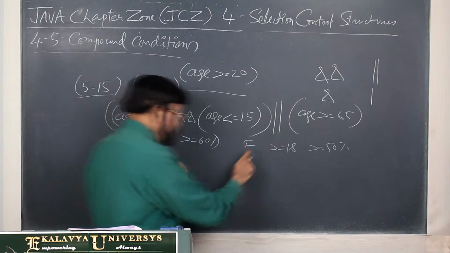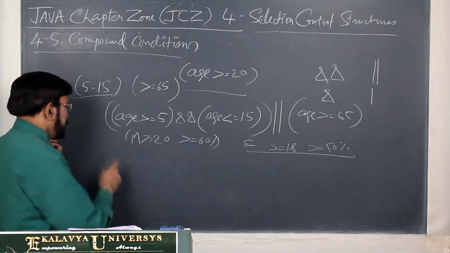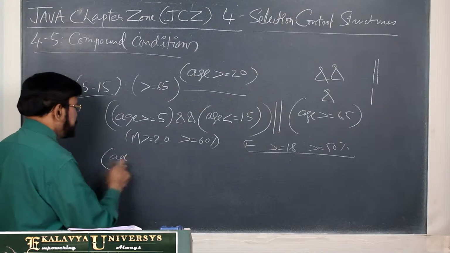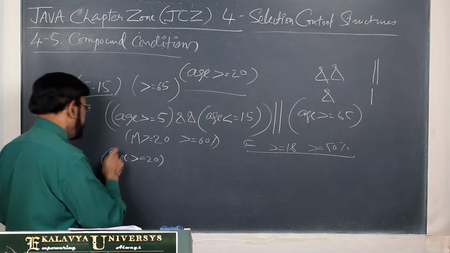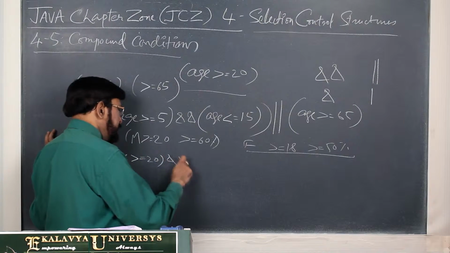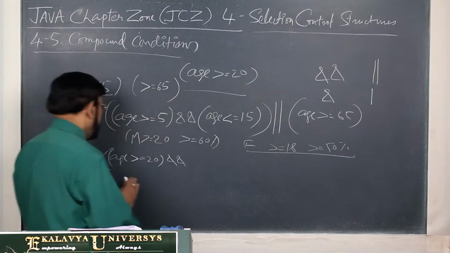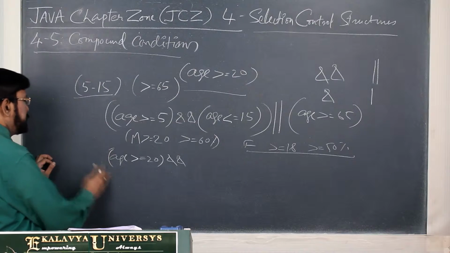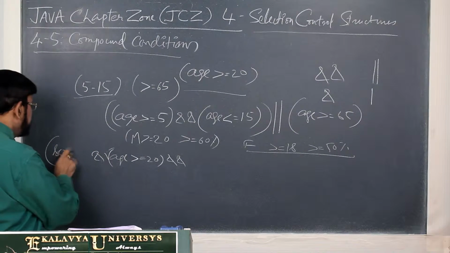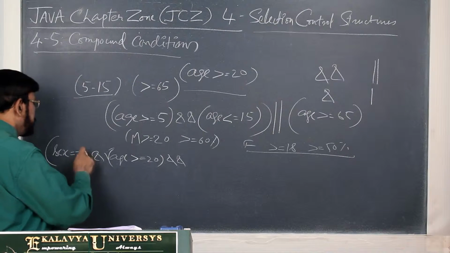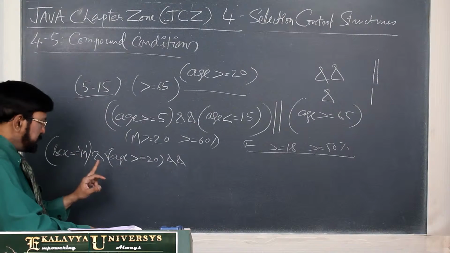So now we have to write a compound condition. Just apply your brain. Now the condition is like this. For the clarity's sake, I am putting parenthesis. Before that, I forgot one thing: sex is equal to M. That means he is male.